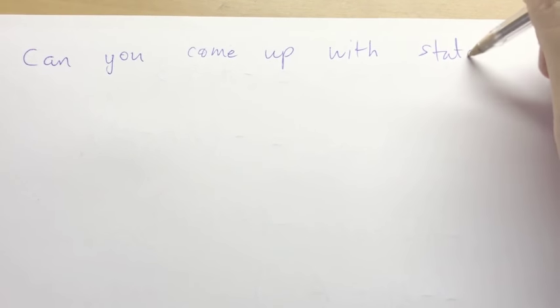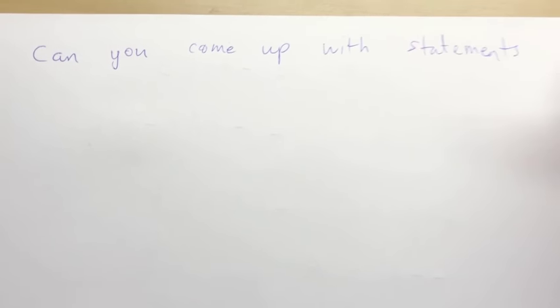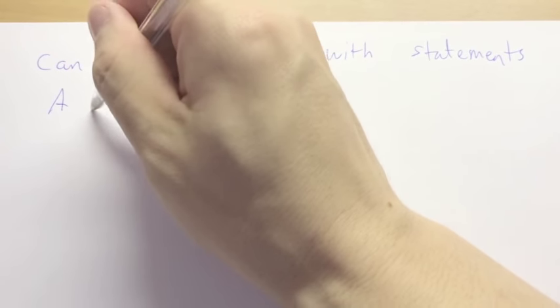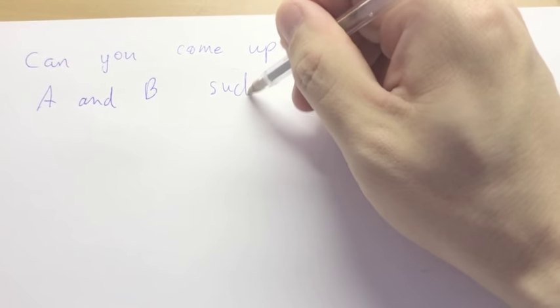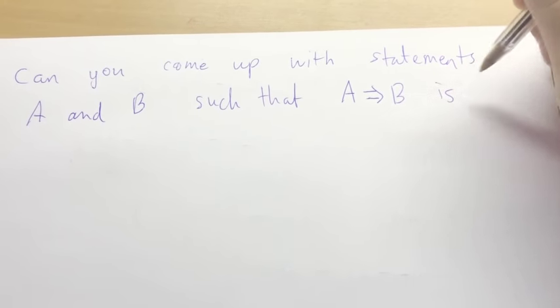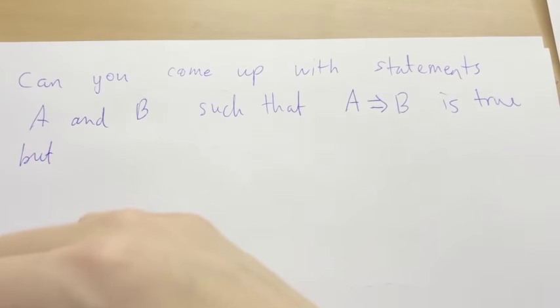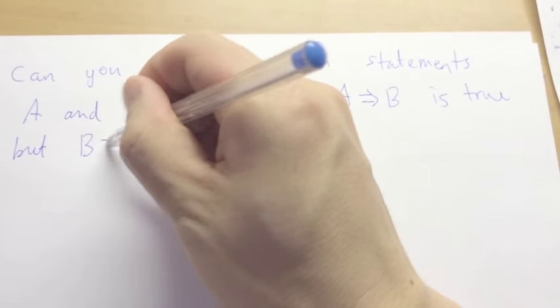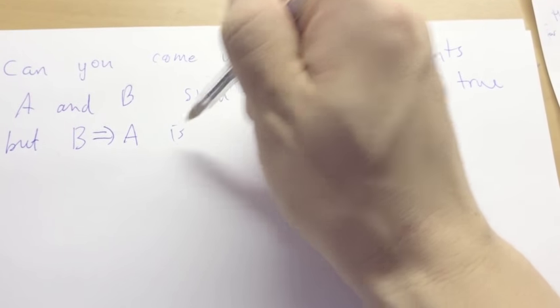The question is, can you come up with statements A and B such that A implies B is true, but B implies A is false?